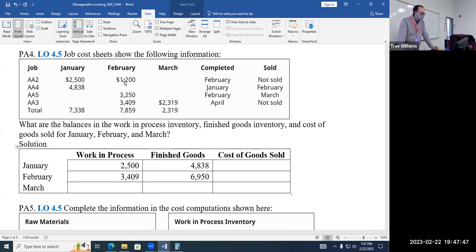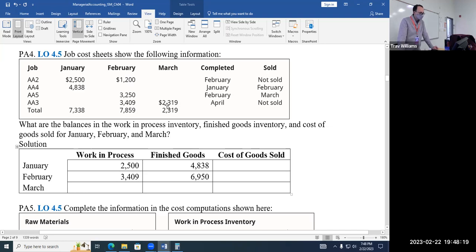Okay, so let's look at work in process for March. This first job is completed in February. Next one's completed in January. This one's completed in February. The only job that was in process in March was this one. Oh, actually, we have $3,409 of costs from February plus $2,319 for March for that same job.